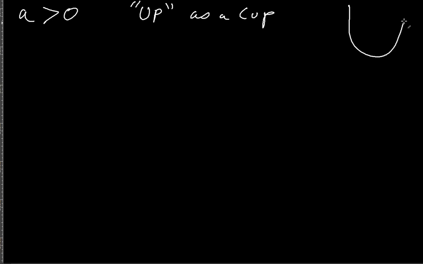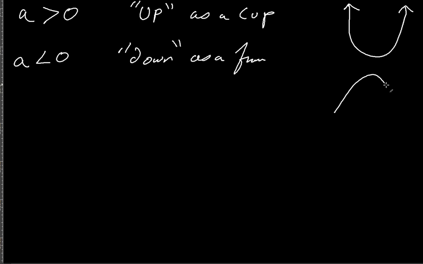So if A is greater than 0, if it's positive, then it's going to be up as a cup, okay? It's going to have this shape, okay? If A is negative, it's going to be down as a frown, okay?